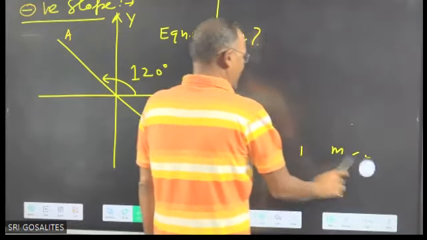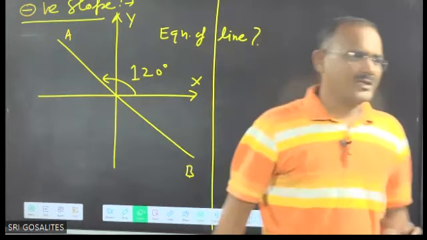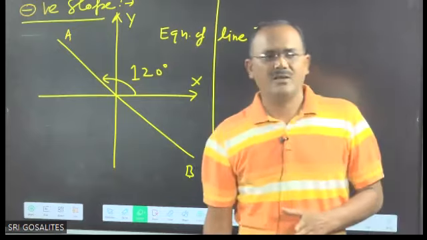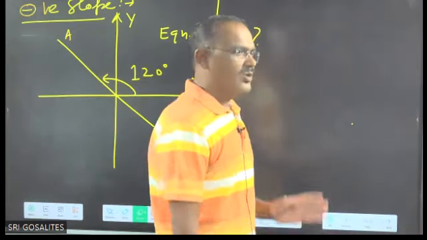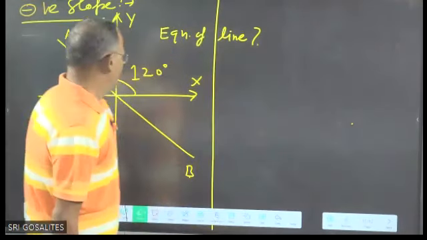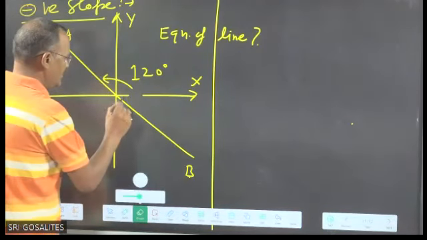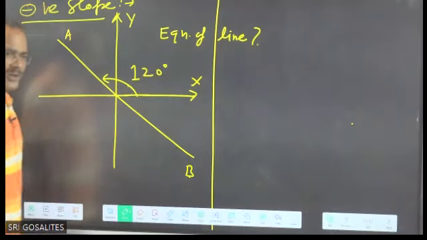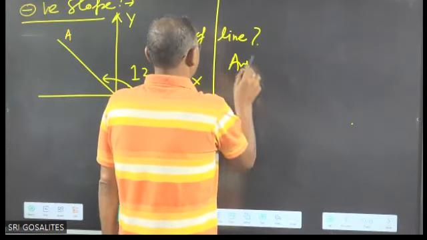Remember, whenever writing the slope of a line, we will count the angle always with the plus x-axis. So how much is this angle? Tell me. This is 120. So what is the answer?